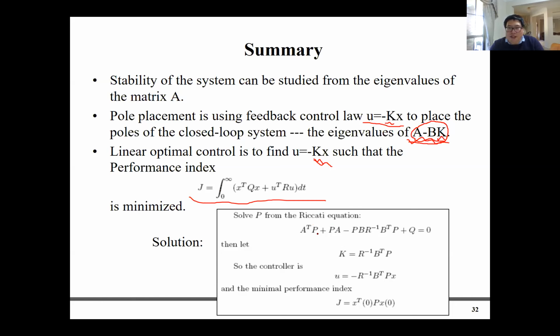How to solve it is we can calculate P from the Riccati equation, and when we have P, we can calculate K, the optimal K, and then we can have the optimal U as well, right? And then we can calculate the minimum performance index.